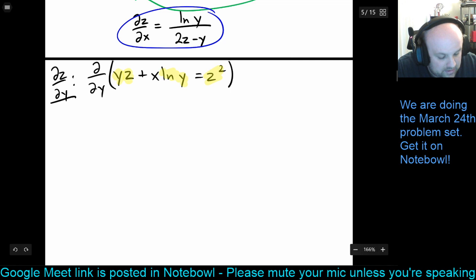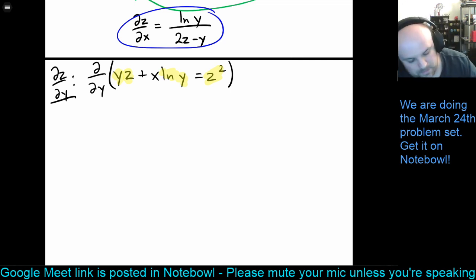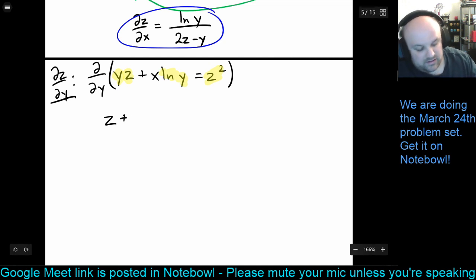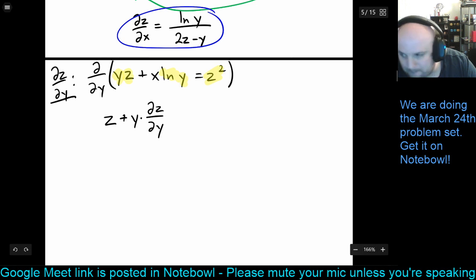So let's differentiate this. Right, so when we differentiate this one, we have y times z, so we actually need to do the product rule on this. So let's see. Differentiating y times z, the derivative of y is 1, so the only part that survives is z at the start. Plus, now we're going to differentiate this with respect to z, so y times dz dy.